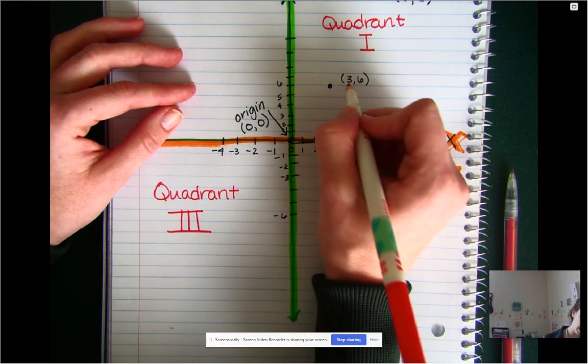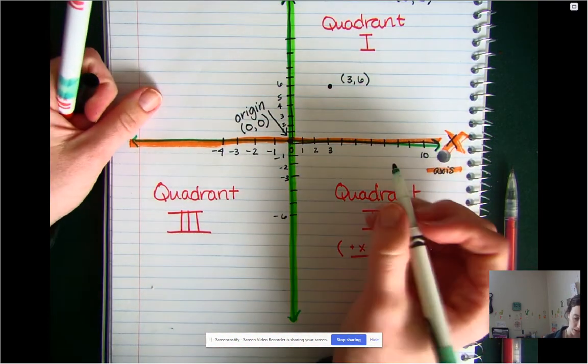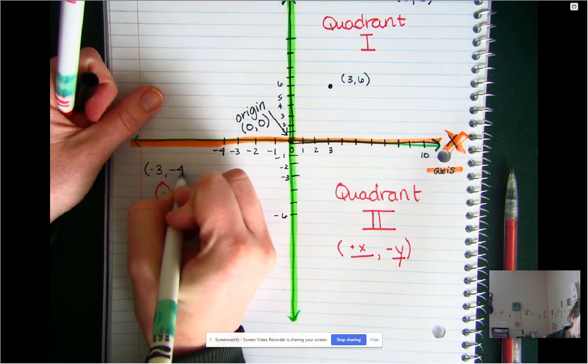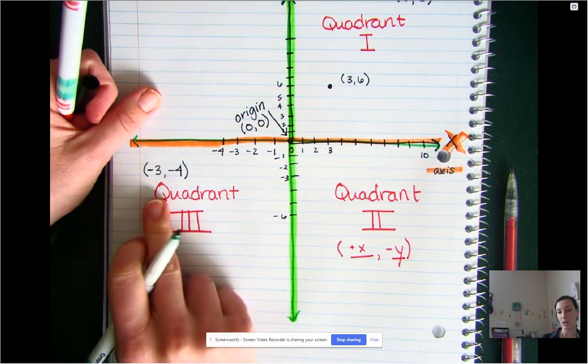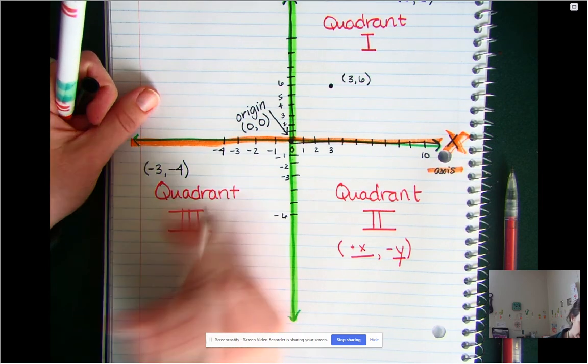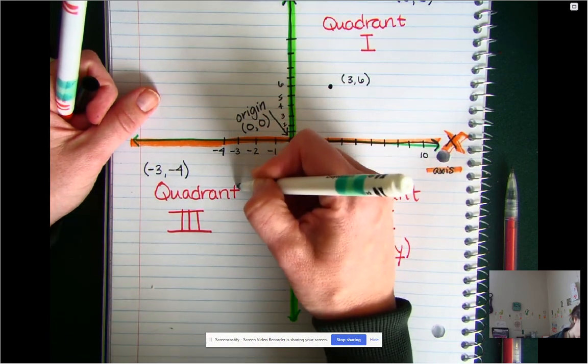So just like it was positive, positive, here it's going to be negative, negative. So if we were to plot, let's say, the point -3, -4, that's the kind of point that's going to be in quadrant 3 because it has two negatives. It has a negative x, -3, and a negative y, -4.